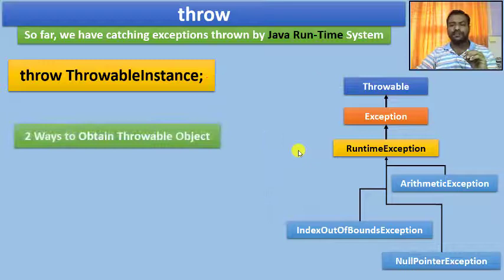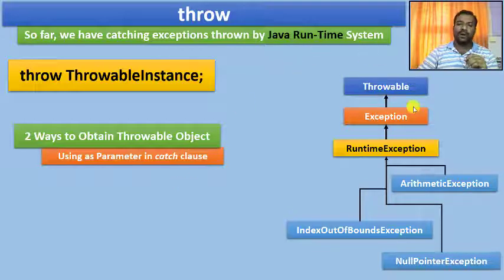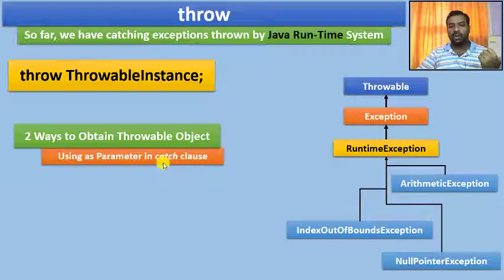And with this, whenever we are going to throw an object, we have got two ways to obtain a throwable object of any of these classes. The first way is we are going to use any of these class objects as the catch clause parameter. So when I throw an exception, you need not create an object.